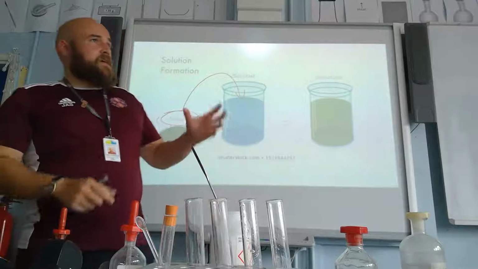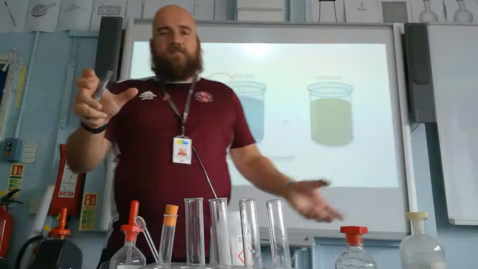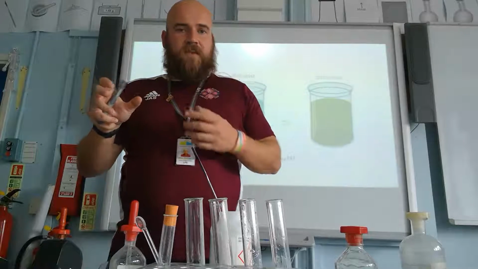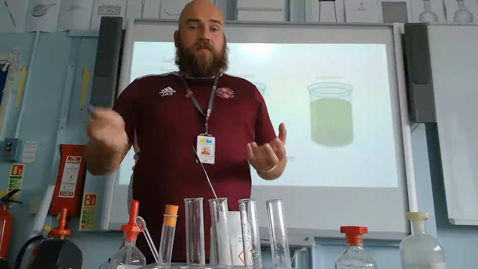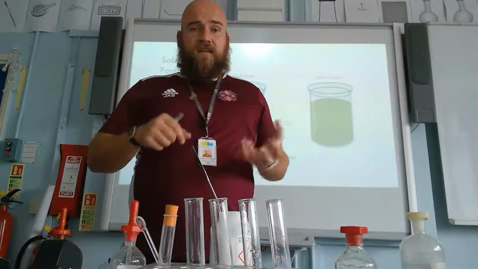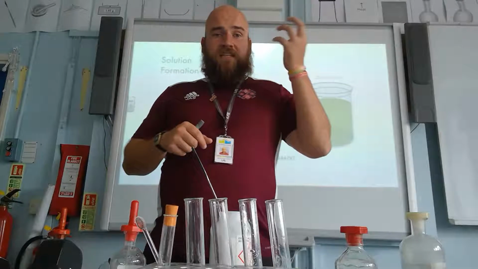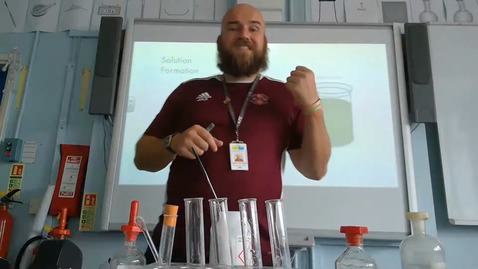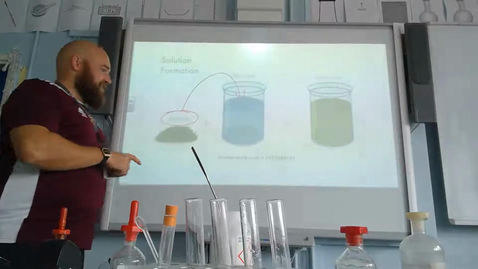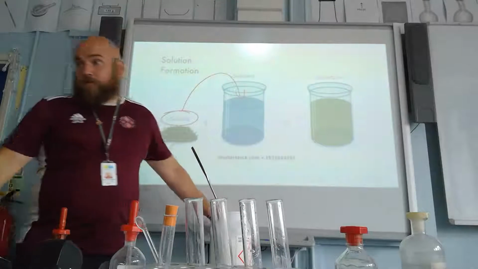So if I had a beaker of water and I put in 10 grams of salt and dissolved it, and then I've got another beaker of water, I put in a kilogram of salt and dissolve it, that one is more concentrated. There are more salt particles dissolved in that volume of water.